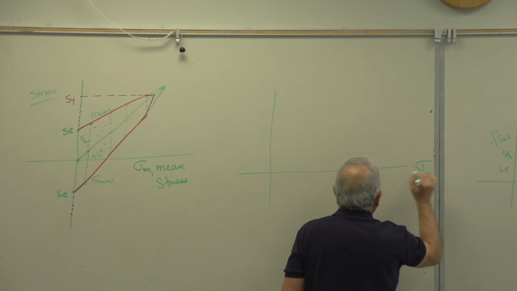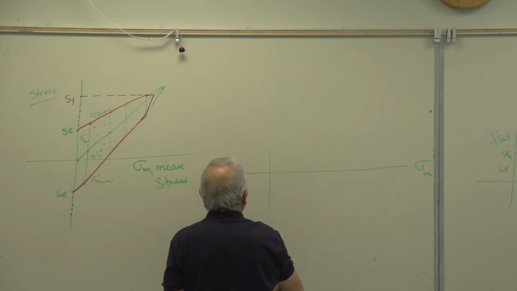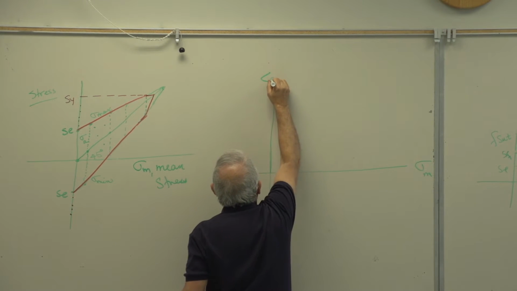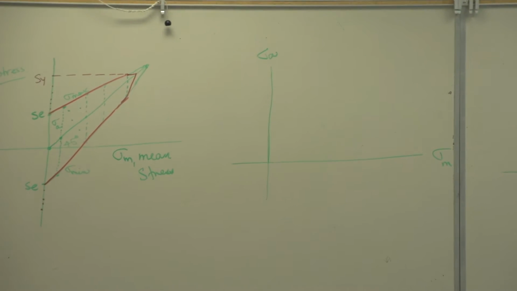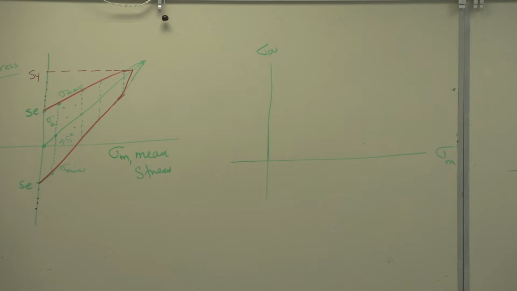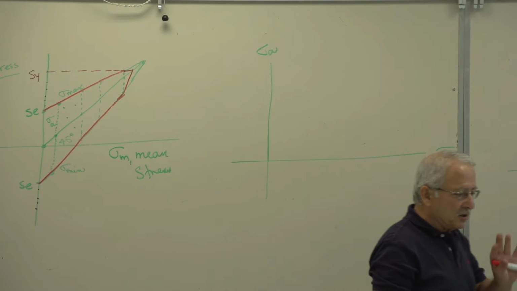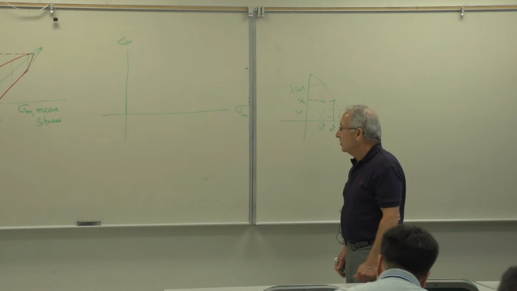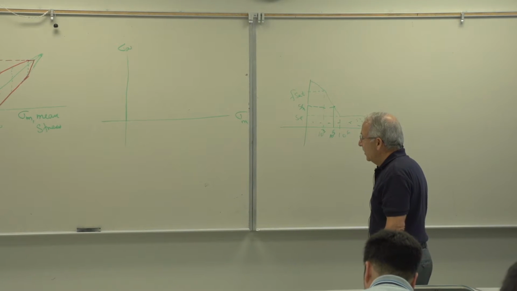Again, on the abscissa, we plot the mean stress. On the ordinate, we plot the alternating stress. If the mean, and again, for the time being, let's take a look at 10 to the 6, then we'll draw a diagram for 10 to the 5 and all of that as well.